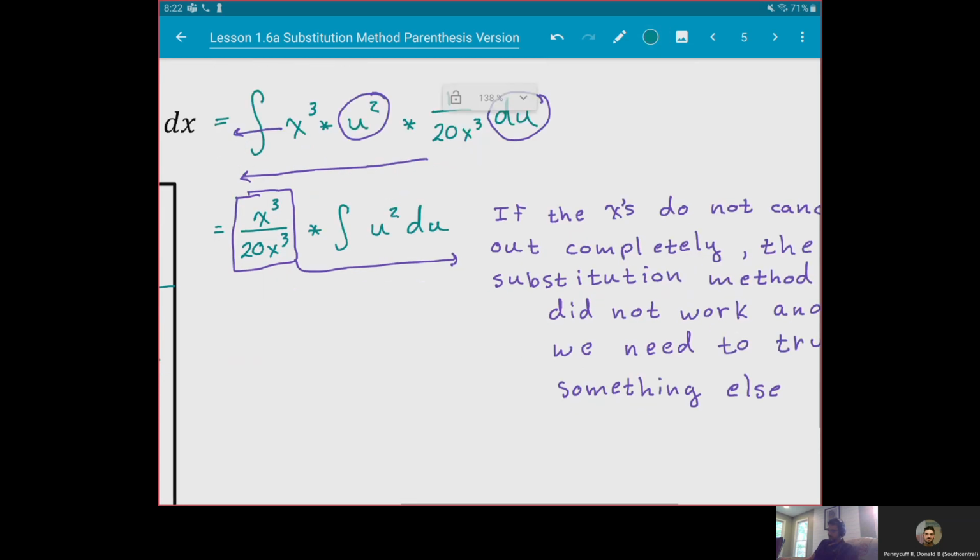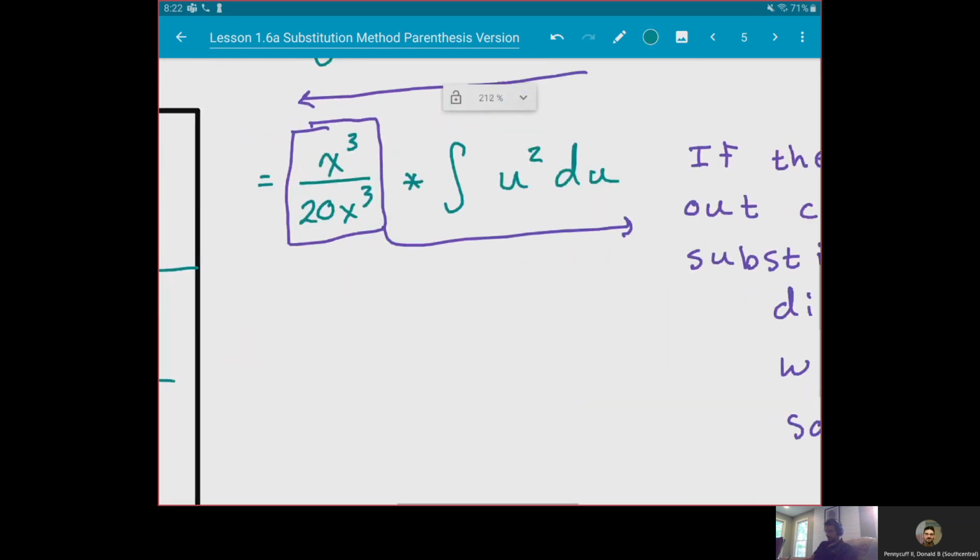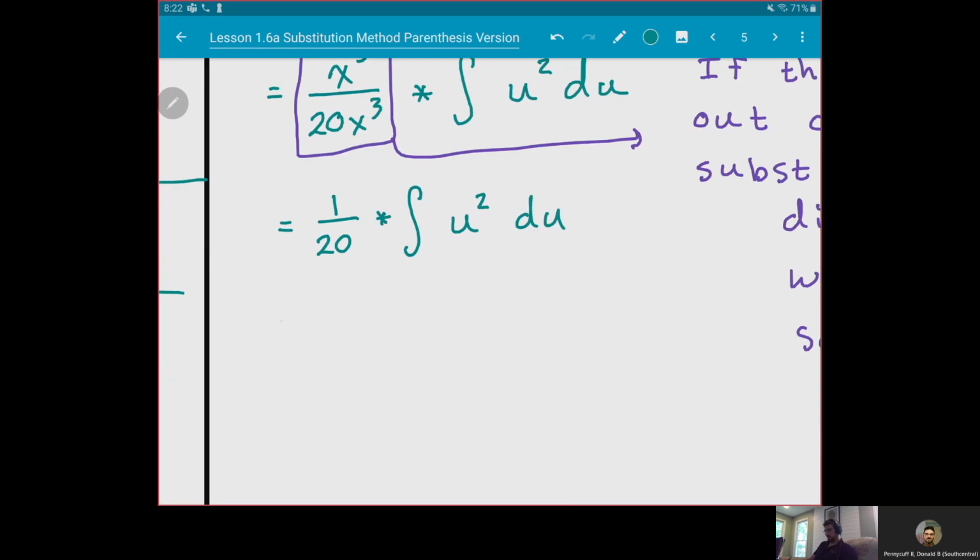So let's look at this. So this is going to cancel out, which is great. So that's going to be 1 over 20 times the integral of u squared du. And that's going to give us 1 over 20 times u to the 3 over 3 plus c.